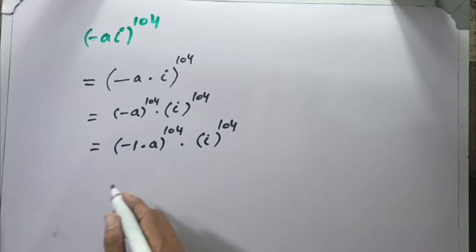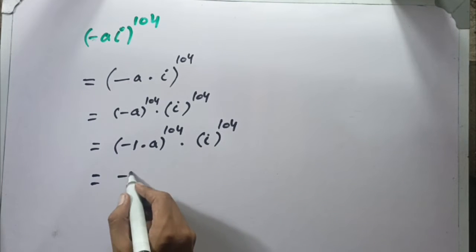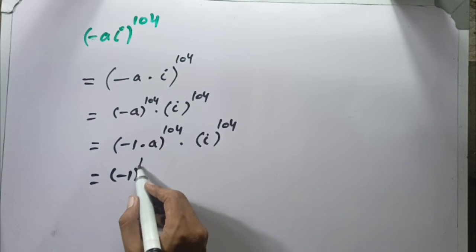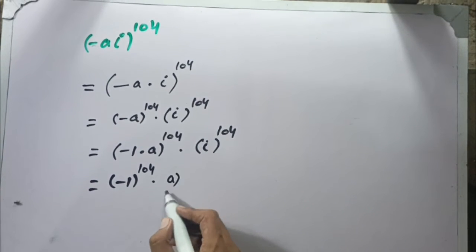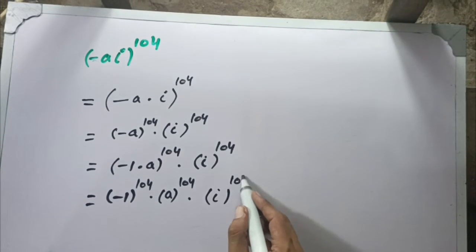Now we are separating the powers again. The power is the same, so minus 1 raised to power 104, a raised to power 104, and iota raised to power 104.